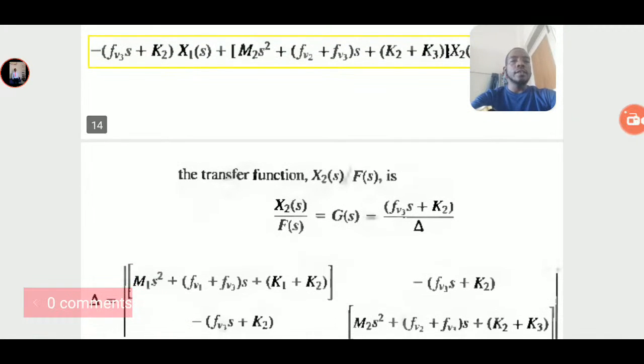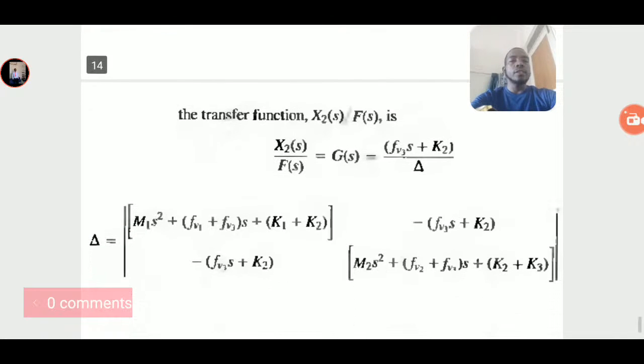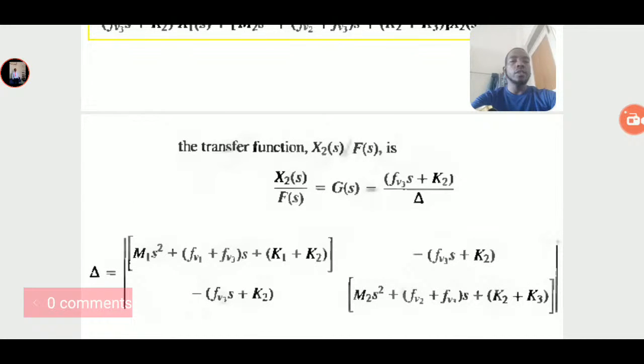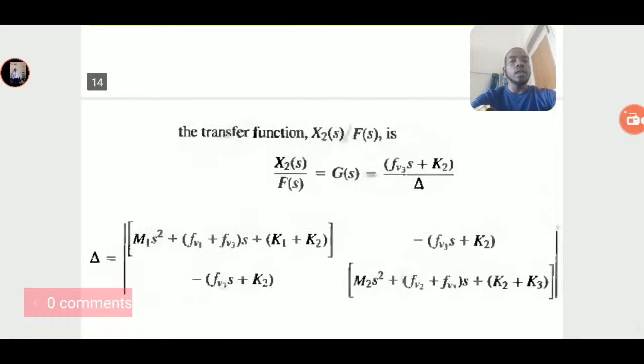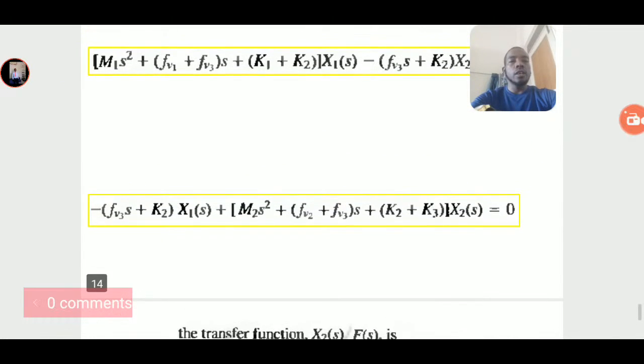So the transfer function x2 of s over f of s is equal to g of s. This is nothing but the transfer function, which is equal to fv3 s plus k2 over delta. Delta is nothing but the determinant value of the matrix which we got from the above two equations.